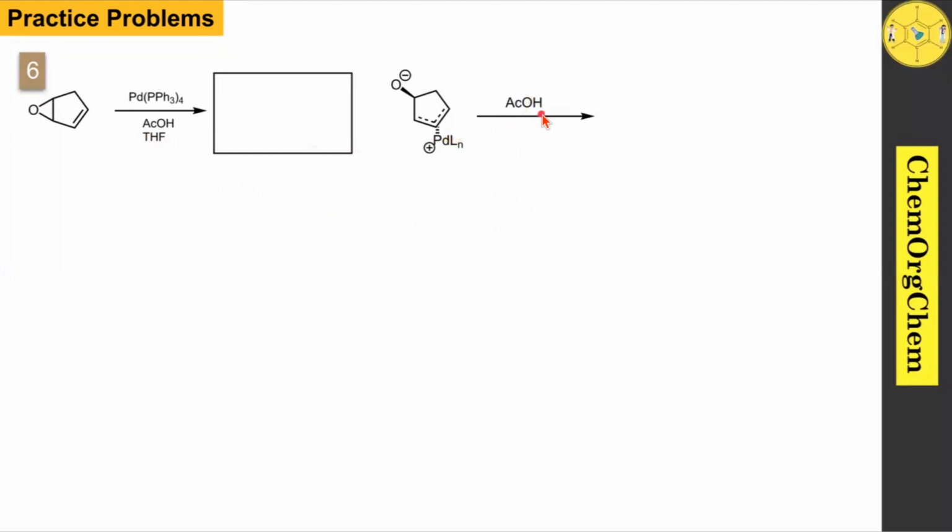It readily attacks this position, since this position is slightly less sterically hindered when compared to this position, and most importantly this attack should take place from the top face since our palladium species is at the bottom face. This results in the generation of this product with the respective stereochemistry.